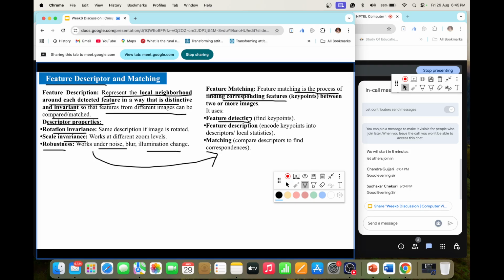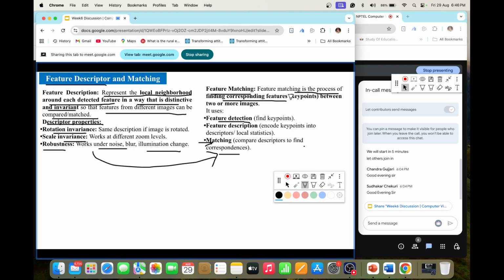Then we do the feature description, that is the local neighborhood, not only the feature detection point but also the neighborhood around it. Once we have done that, we do the feature matching, that is, compare descriptors to find the correspondence.